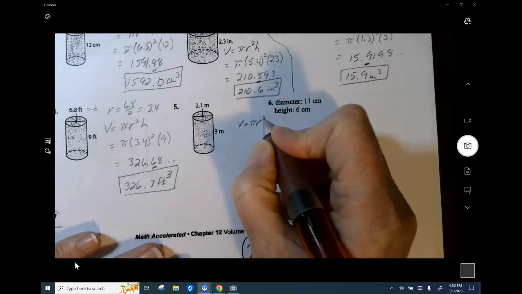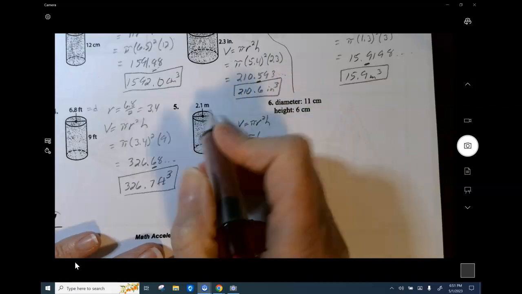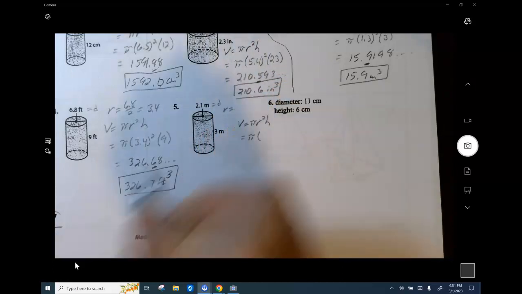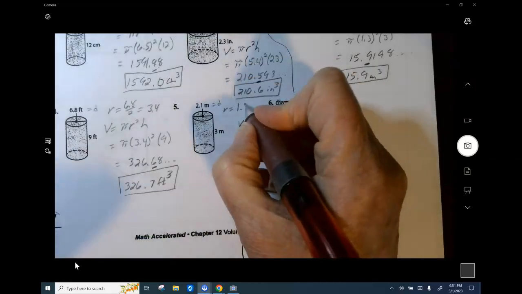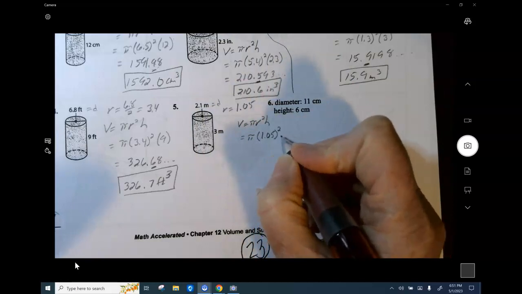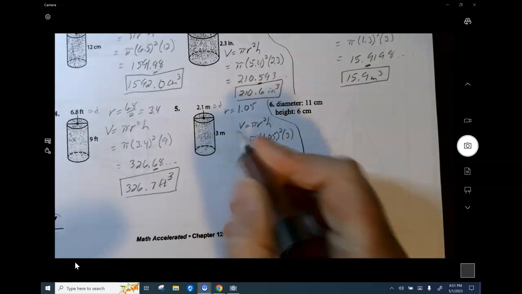Pi r squared h, because it's the area of the base. So pi times the radius. They gave us a diameter again. So the radius would be half of that. So 2.1 divided by 2 is 1.05 times the height. Okay, sorry about that, number 6.